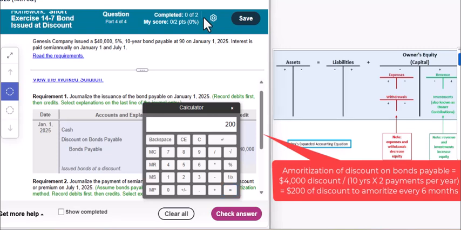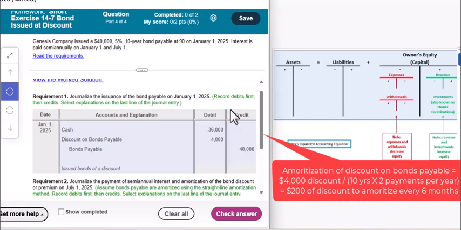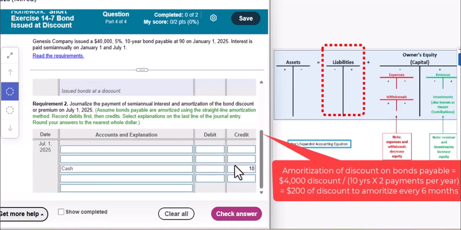And that is again because there's 2 interest payments per year. So how do we lower this account called discount on bonds payable? Well, notice this is a debit account here. So we're going to have to lower it on the opposite side by the $200. So we need to get rid of that discount on bonds payable. So let's go ahead and input that here.